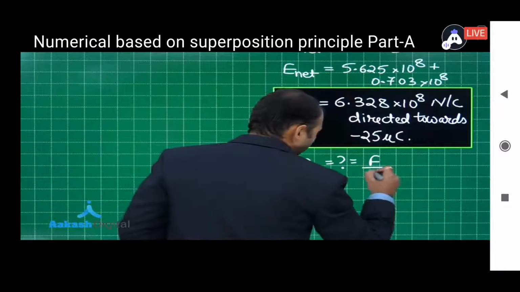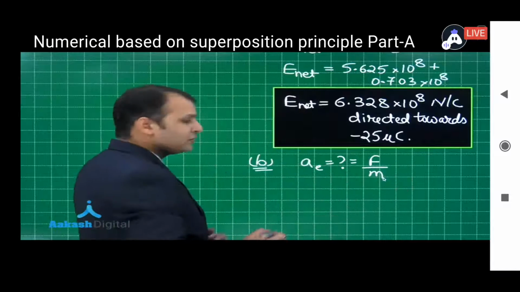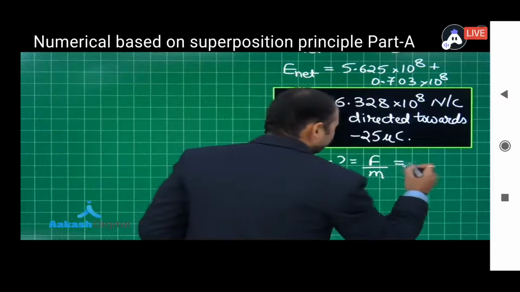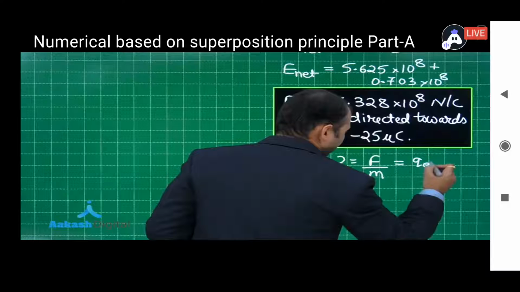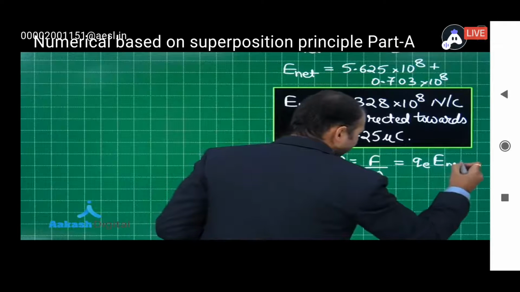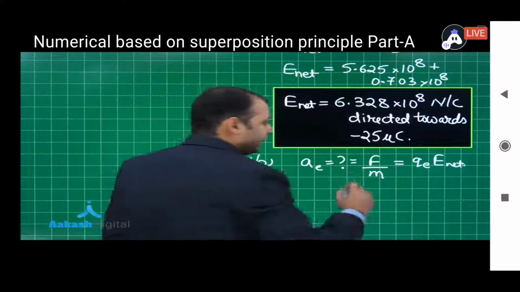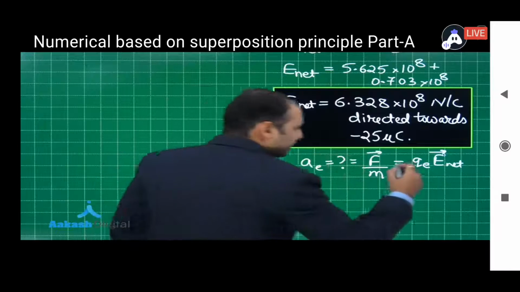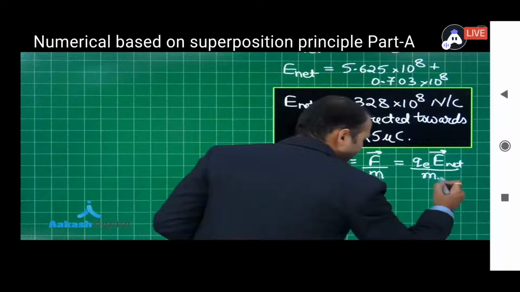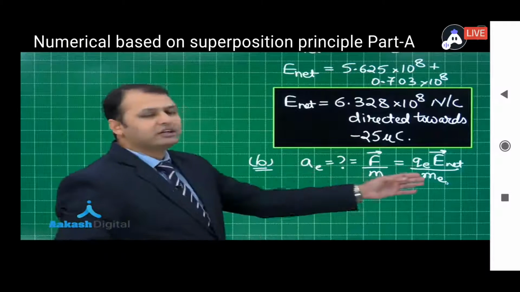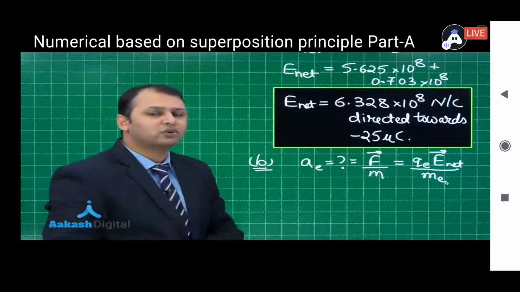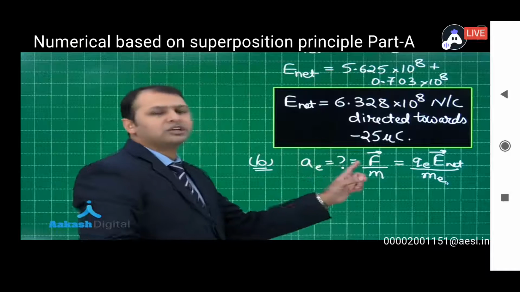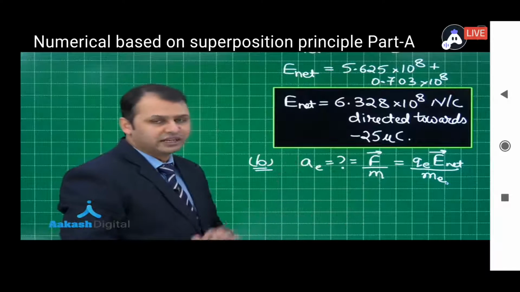and that would be given by force on electron divided by the mass. Force on electron can be simply represented by Q of electron into the net electric field which is existing there. And if you see, this is vectorial form, so you can write like this, divided by the mass of electron. Obviously, the electric field is towards the minus 25 microcoulomb charge, so the force on electron will also be towards that direction.